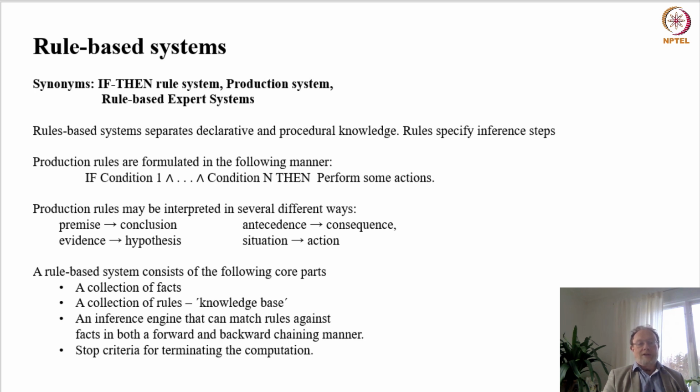Forward means that you start with evidence and try to infer consequences, while in backward chaining you look at consequences and try to infer what reasons or evidence is most likely to have led to these consequences. And of course, there always have to be some criteria for when we have reached a satisfactory solution.